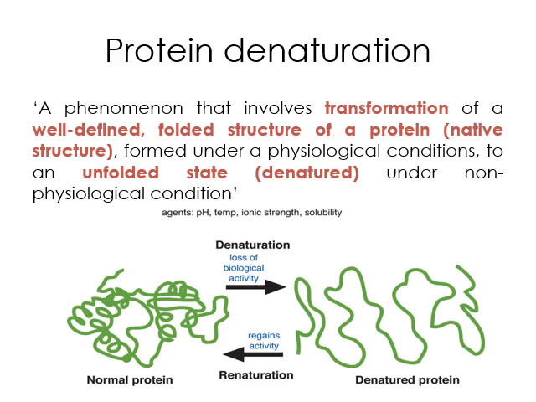There are several denaturing agents. What happens during this denaturation is that protein is going to lose its biological activity, and this process only affects the secondary, tertiary, and quaternary structure of the protein without having any effect on the primary structure.